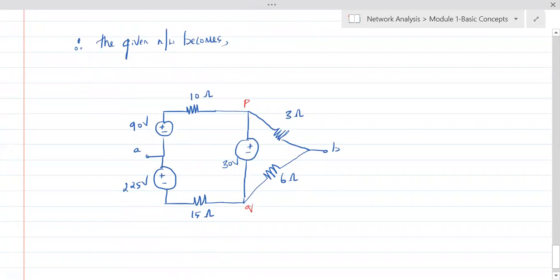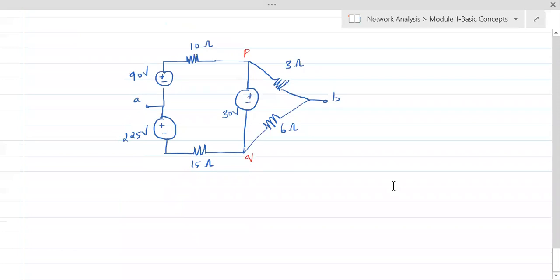So let's shift this. Point P is there, we can shift this in this branch as well as in this branch. When we are doing this, see this 10 ohms, this end of 10 ohms is with positive polarity, this end of 3 ohms is with positive polarity, and this end should be with the negative polarity. This we need to remember. Understand? Shifting the 30 volt source, everybody say that.